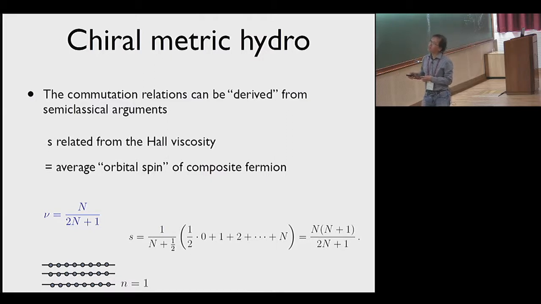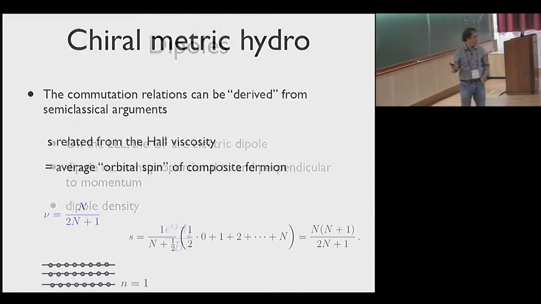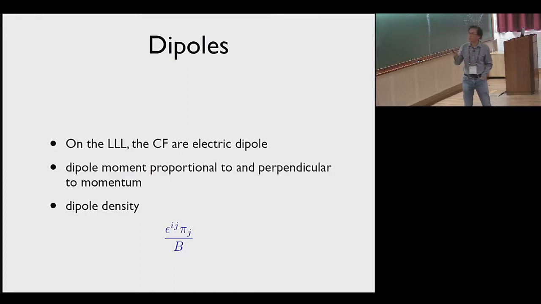So based on that and the picture of the nu equal n divided by 2n plus 1 state as an integer quantum Hall state of the composite fermion, we can determine this S by just taking an average of what would be the orbital spin of a particle on each of these Landau levels of the Dirac fermion, to get some number.